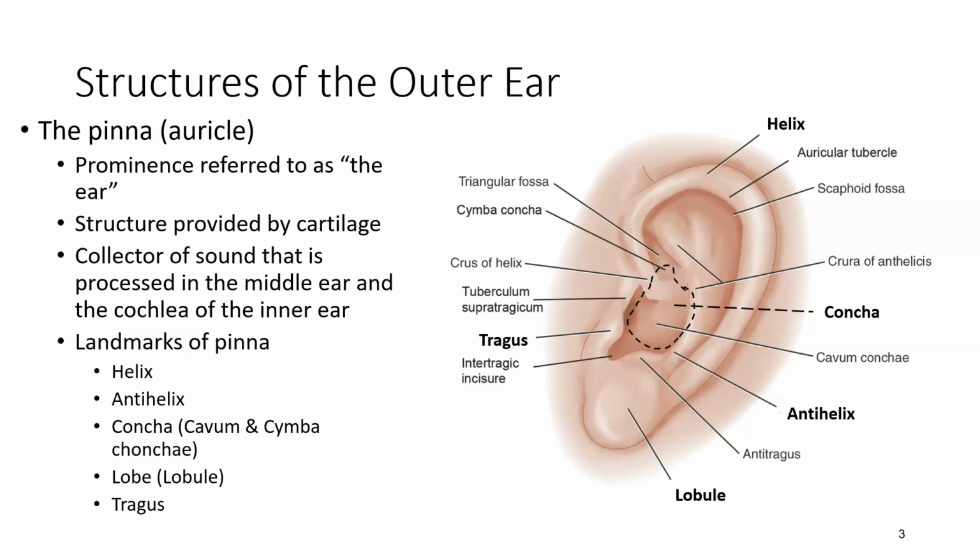Its function is to collect sound that then gets processed by the middle ear and the cochlea in the inner ear. There are a variety of landmarks around the pinna: the helix, the tragus, the lobule, and the antihelix. And then the entry area toward the middle ear is referred to as the concha.